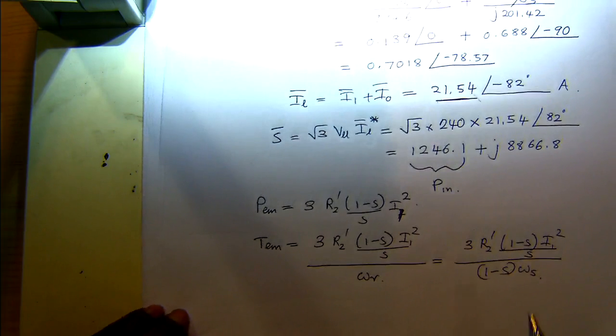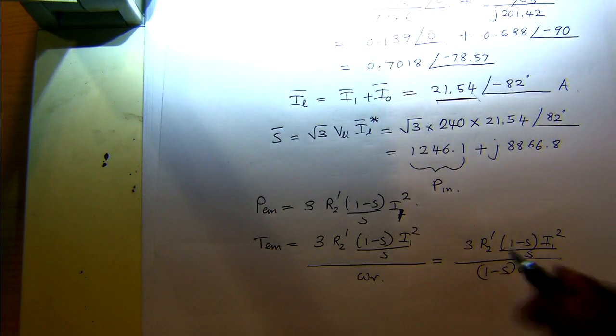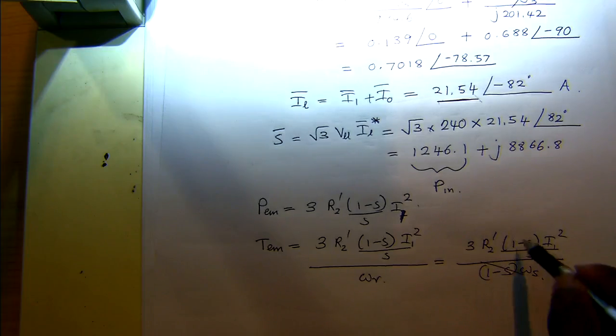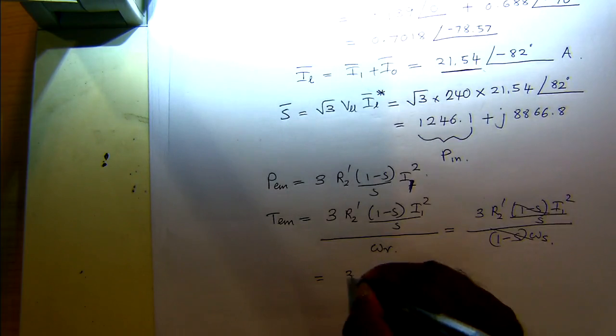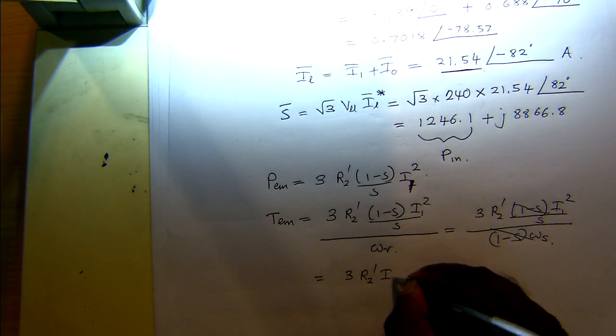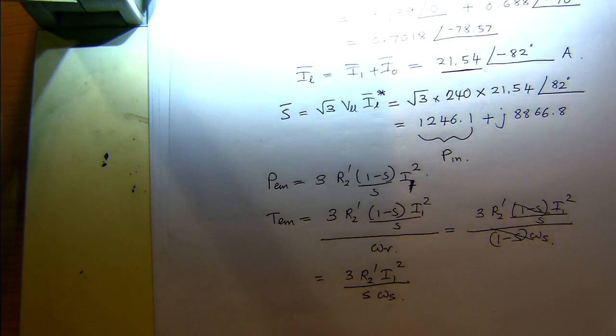So we find that there's a common term there which causes that 0. So we can cancel that off. And then the torque becomes 3 times R2 prime I1 prime squared over s times omega s. So here you can substitute under lock rotor conditions s equals 1. So then there's some value there.